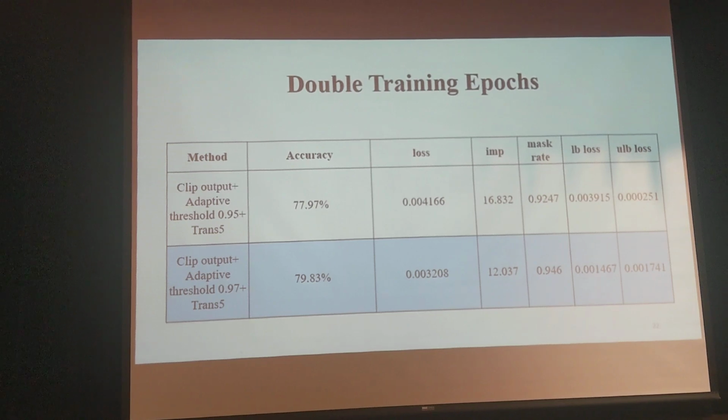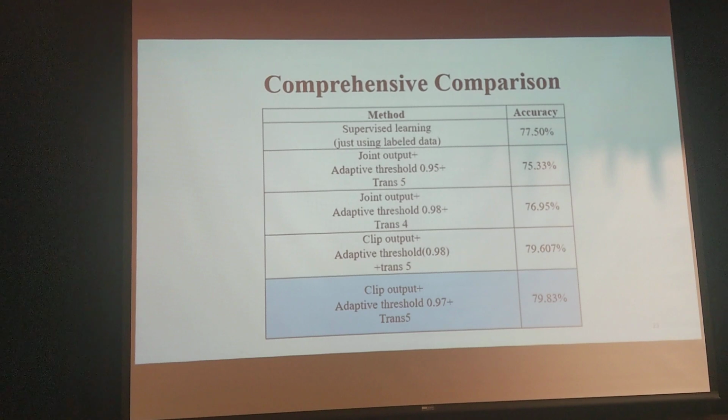And also we doubled the training epochs to research whether the model can learn better. And we find out that the clip output, using adaptive threshold 0.97 and transform type 5, gets better performance. And that is the comprehensive comparison.